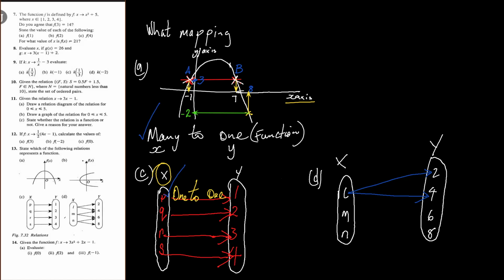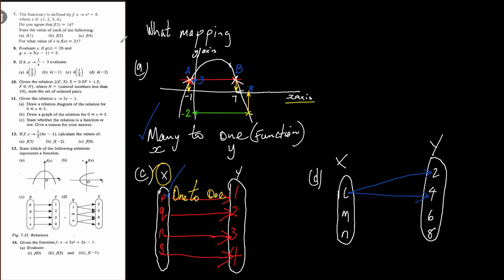Sahai, what kind of mapping is this D? Sienna, what kind of mapping is this for D?